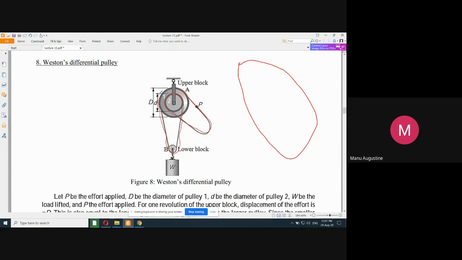And since it is one single rope, this is coming and getting connected over here. So you see this single rope is simultaneously covered over the larger as well as the lower pulley in this way, as I have shown over here.